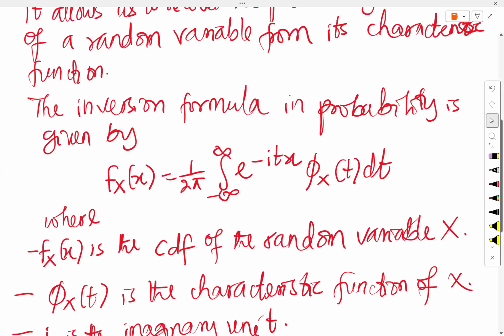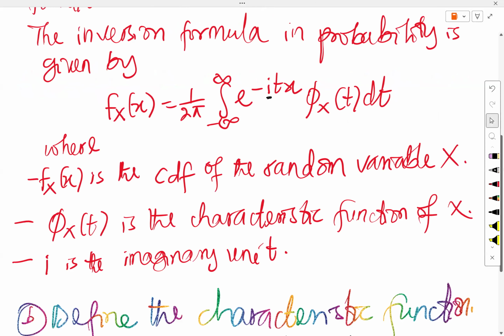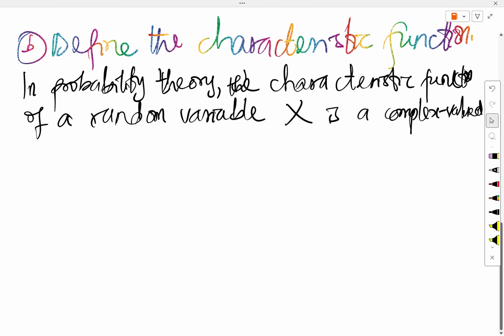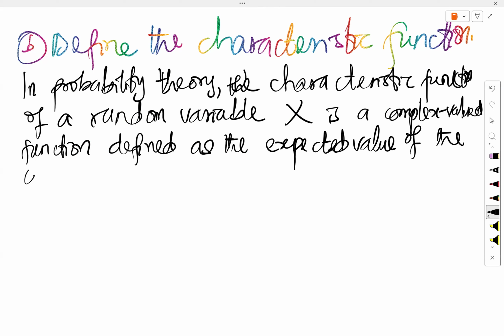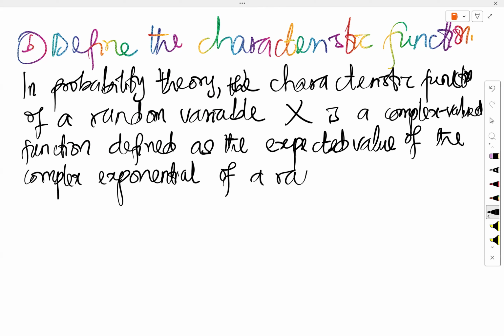It is defined as the expected value of the complex exponential of the random variable.